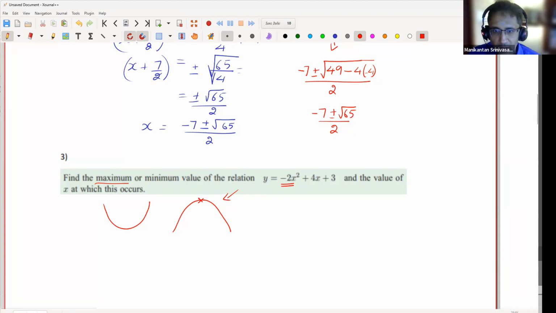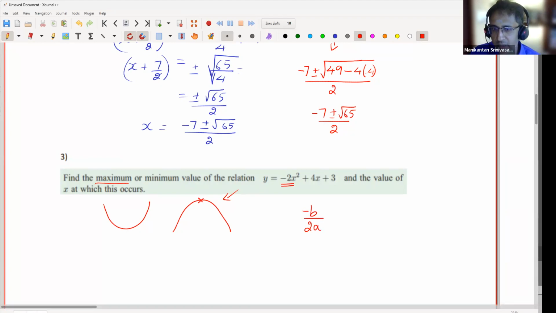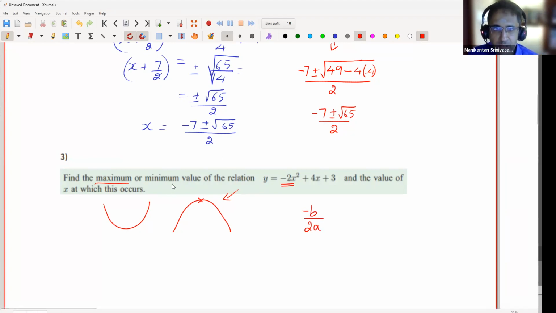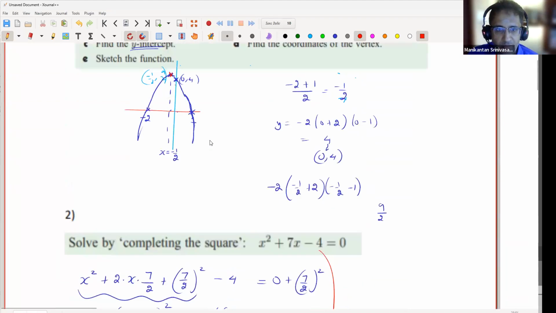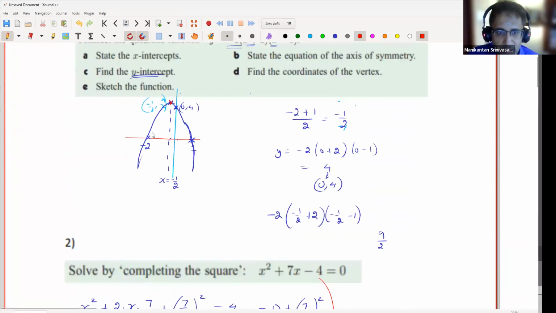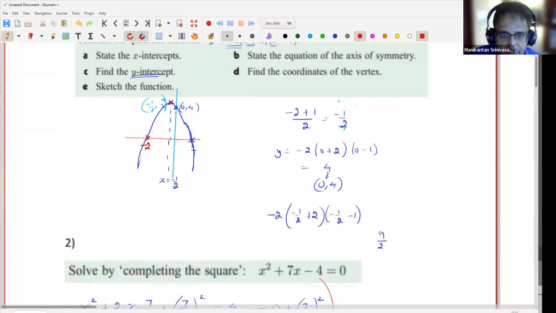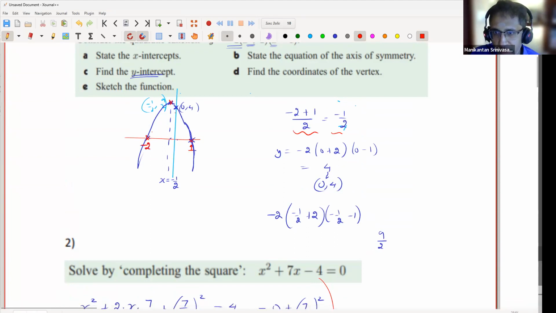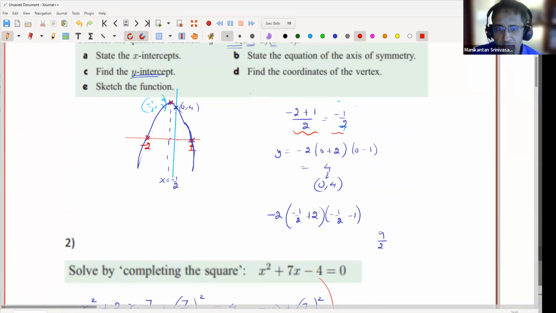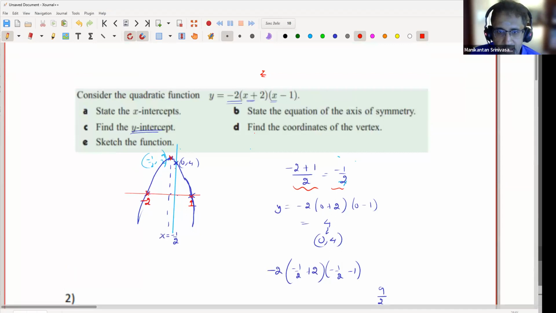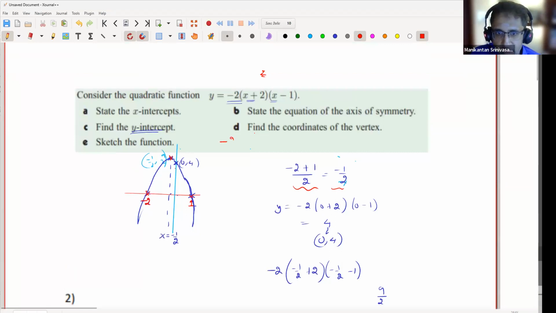And then the value of the x at which this occurs is the coordinate of the vertex, which is minus b by 2a. The coordinates of the vertex is minus b by 2a, as we did here also earlier. In this problem, we did it in a different way. We said that it intersects the x-axis at minus 2 and 1, and we did the average of the two, right? Which will still give you the same answer. For example, if you do minus b by 2a in this case, if you expand it, how much will this be?